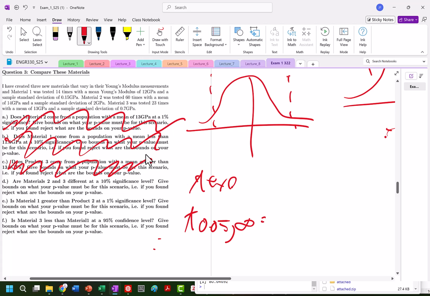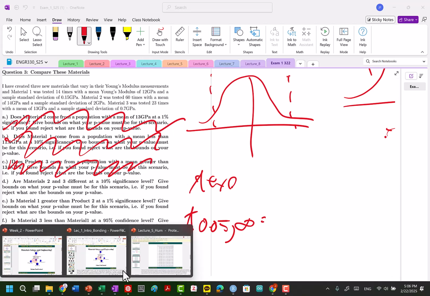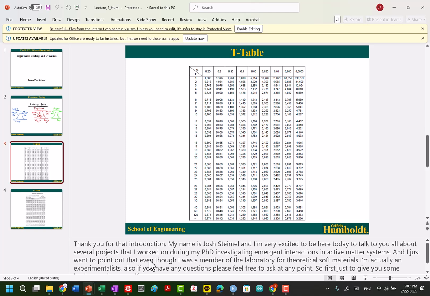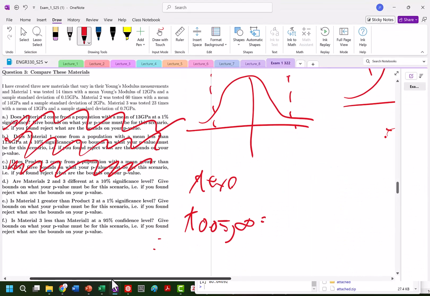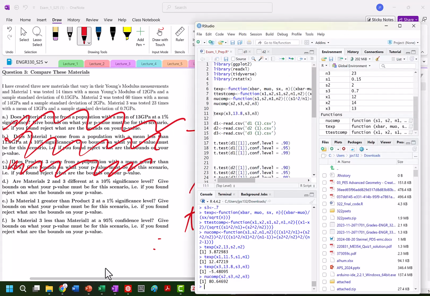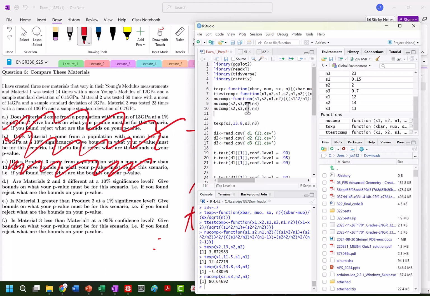So we can do, I think we just did this one, but it's a good double check. Should be 1.717, 0.05. Oh, no, not actually. 0.05, infinity, 1.645. Good. And T experimental. Let's go ahead. We're going to keep this nu comp, and then we're going to do T test comp, and then we're just going to do our x2, x3.